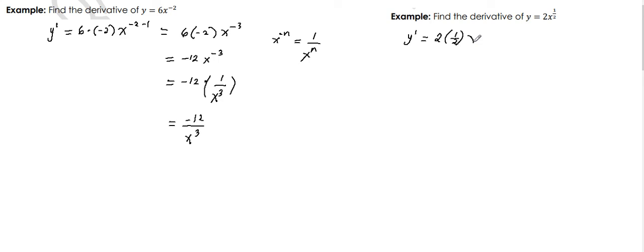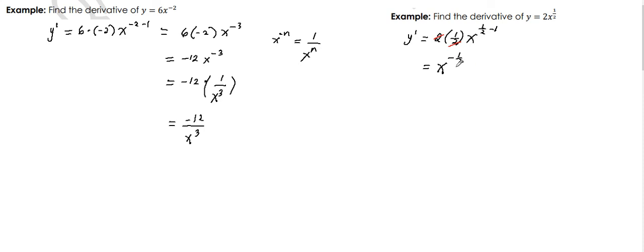And copy yung base. Then, itong 1/2 na to, babawasan lang natin ng 1. Okay? So, ano mangyayari? We know na 2 times 1/2 is actually 1. So, 1 times x is actually x na lang. Now, 1/2 minus 1 is negative 1/2.